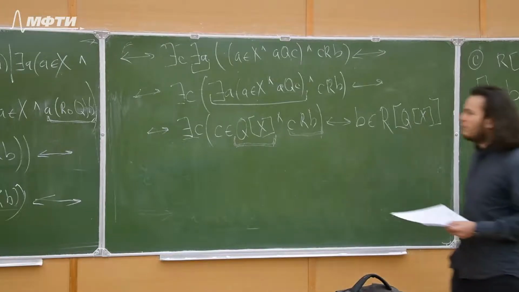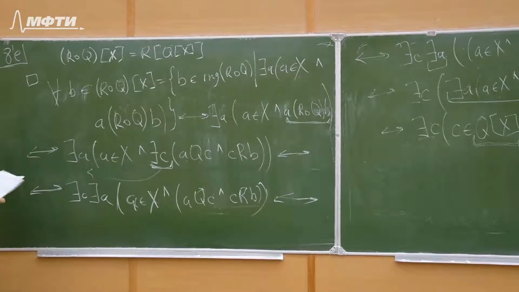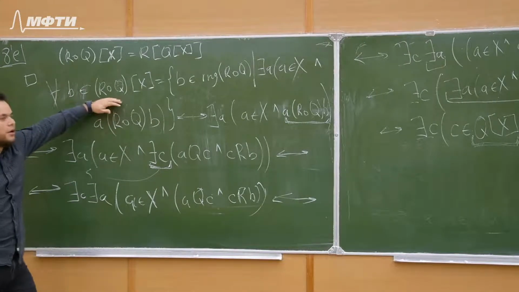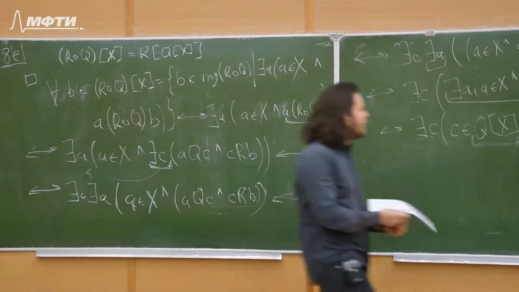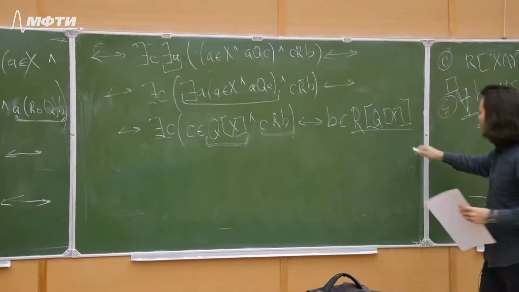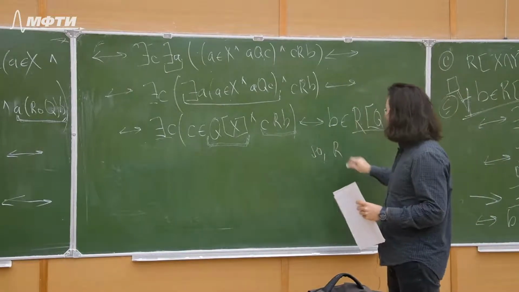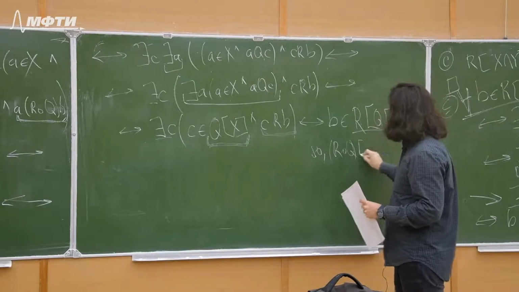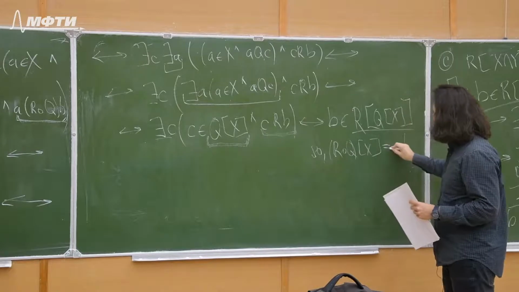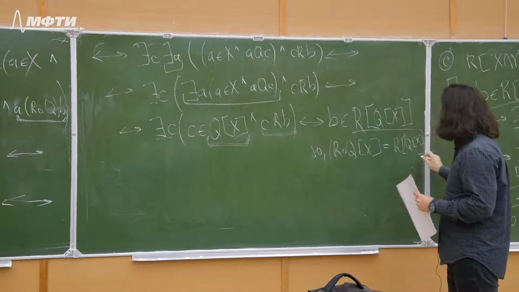So we proved that an element is in this set if and only if it is in that set. Let me write it anyway: R composition Q X is equal to R Q X. And we proved it.